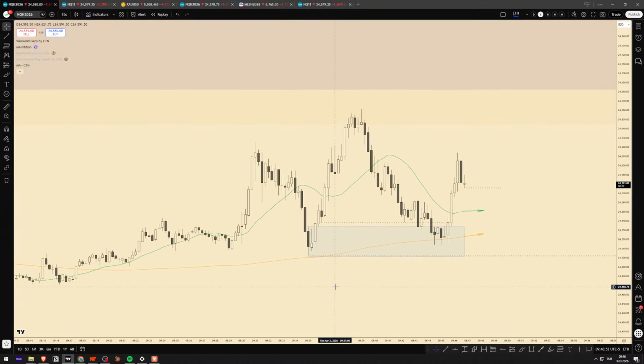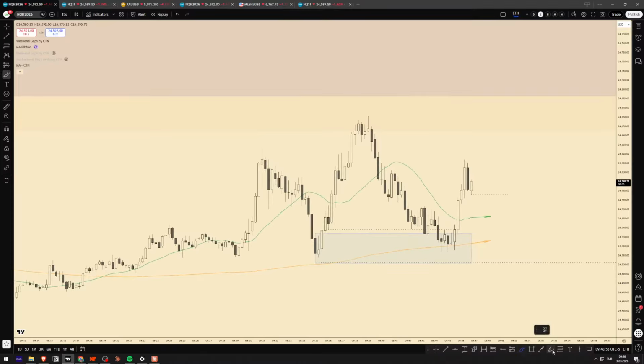If you focus on this range over here, there's a little tap over here and price comes back inside the range.